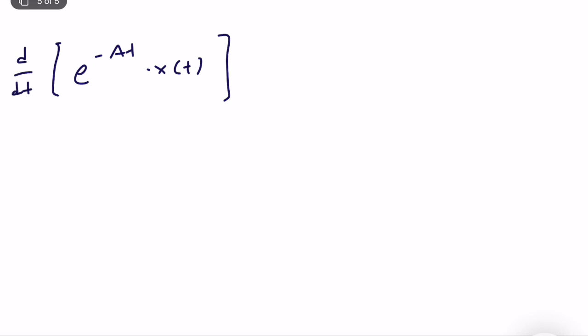If we take the derivative of this, it's like two parts, so we should do differentiation by parts. It is equal to e to the power minus a t times x dot of t, minus e to the power minus a t times a times x of t.